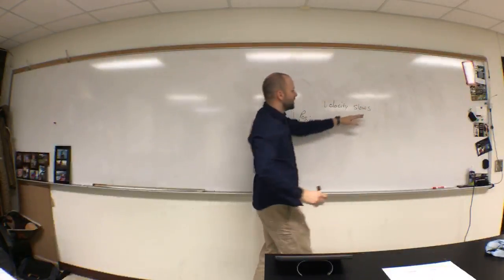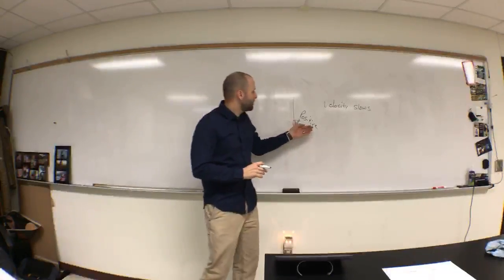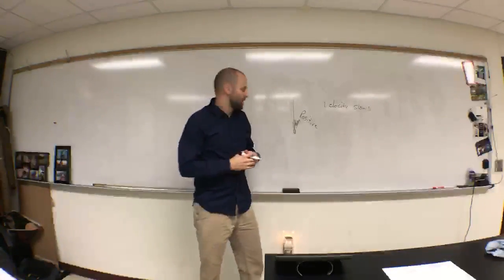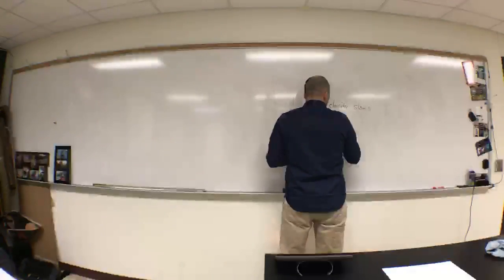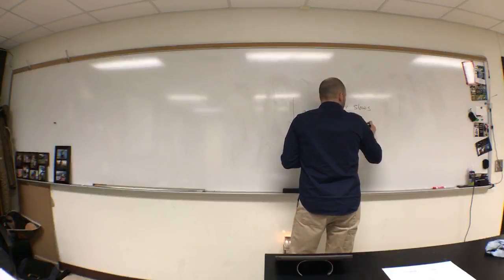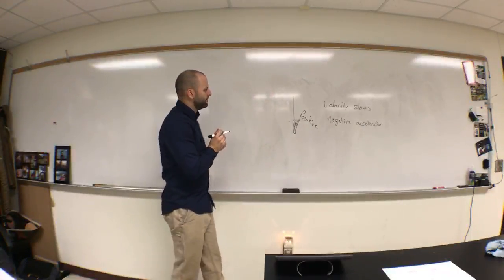So we have a decrease in velocity. If we decrease our velocity and we're going in the positive direction, then we always consider that a negative acceleration. Okay? Hopefully that makes sense to you.